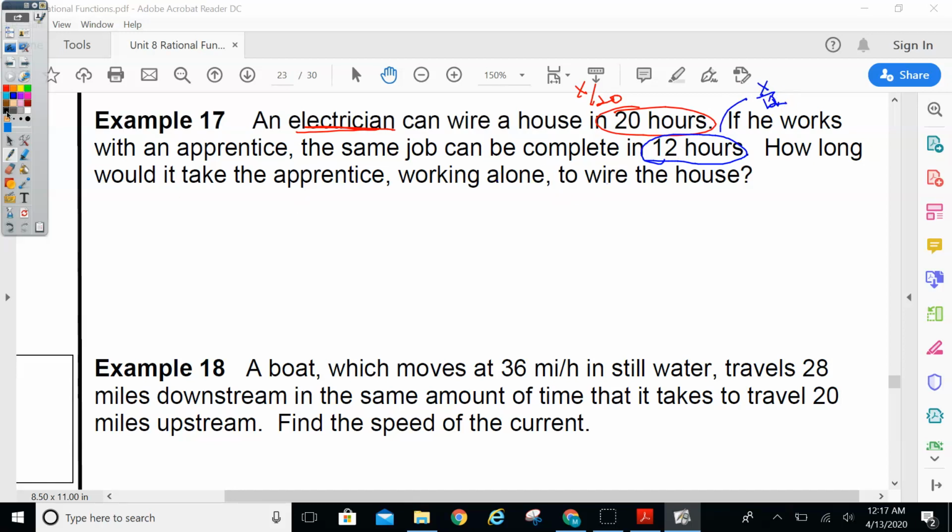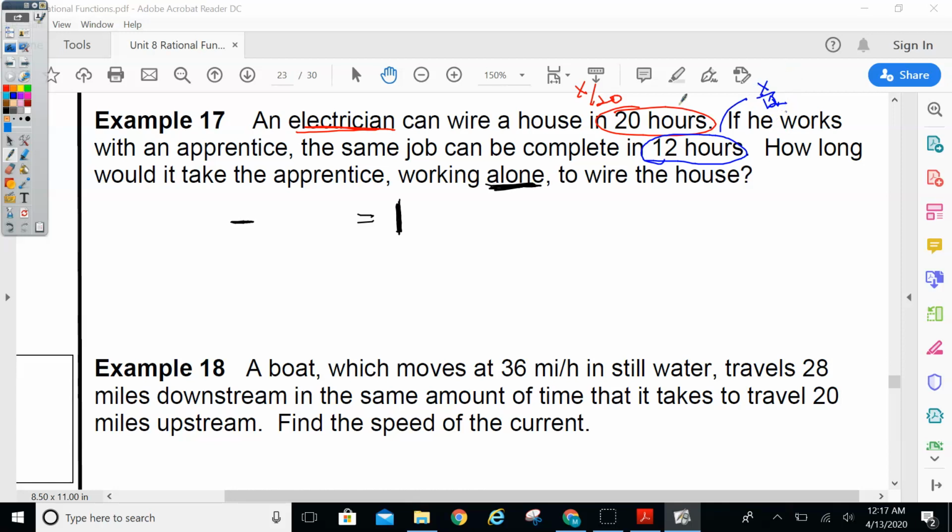So since we're looking for the working alone time, that means these two fractions we're going to subtract to see how long it takes them to do the one job. Okay, but then which one goes first? Well, the bigger fraction has to go first, otherwise when you subtract you're going to get a negative. The bigger fraction is the one with the smaller denominator, because the smaller denominator means they're bigger pieces.